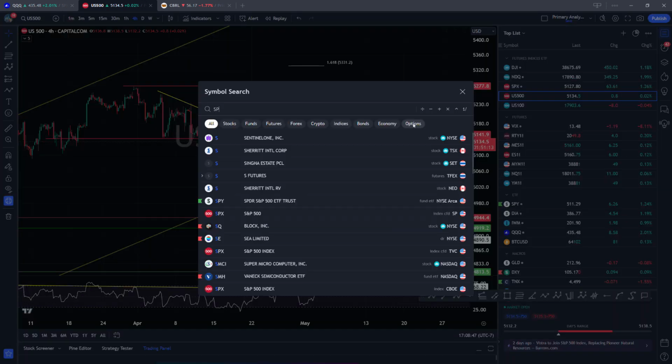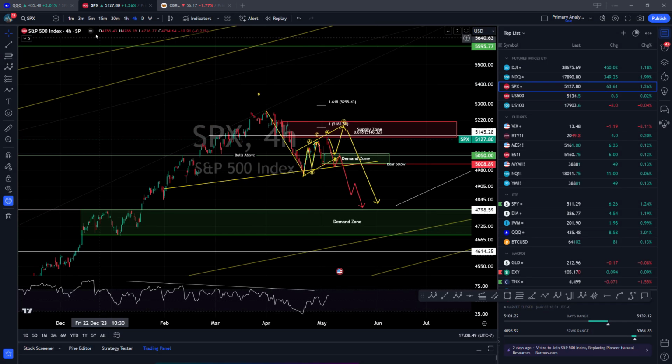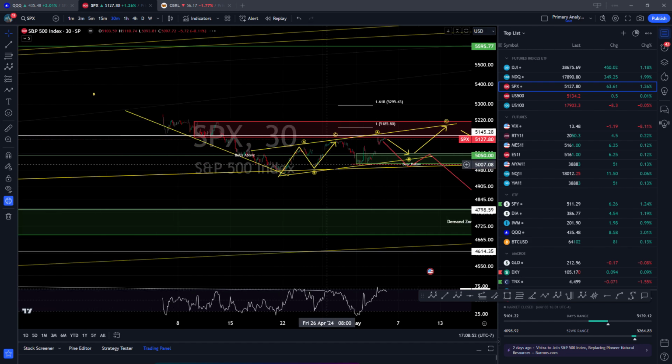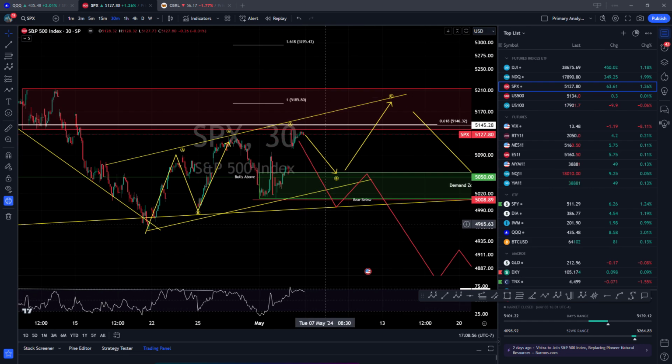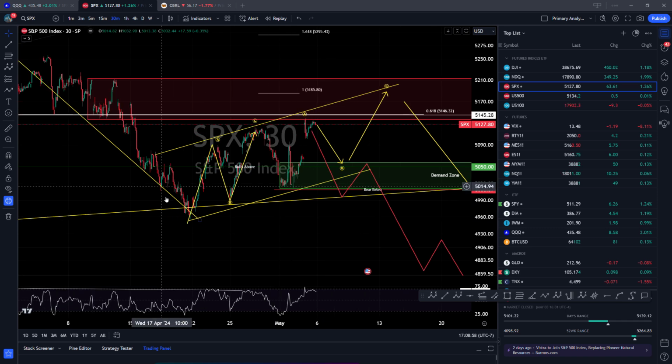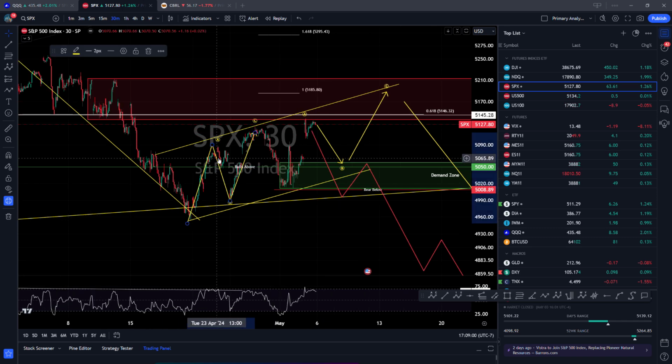And if I look at this from the SPX point of view, the SPX chart, we know US 500 trades like 23 hours in a day, right? So the charts are a little different. This is pretty clearly three waves here, right?